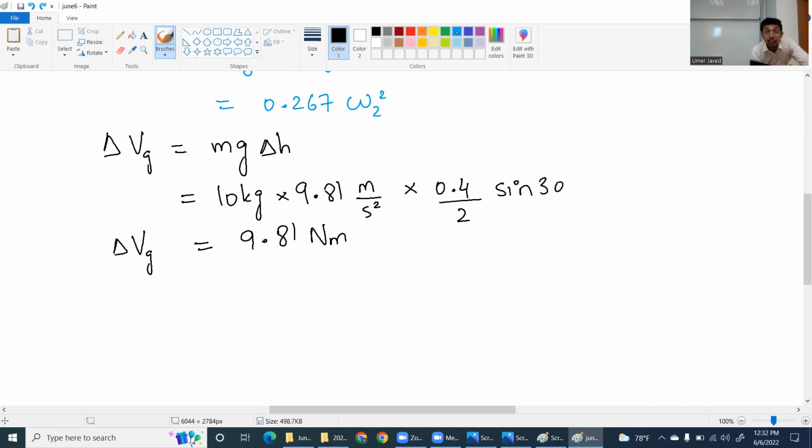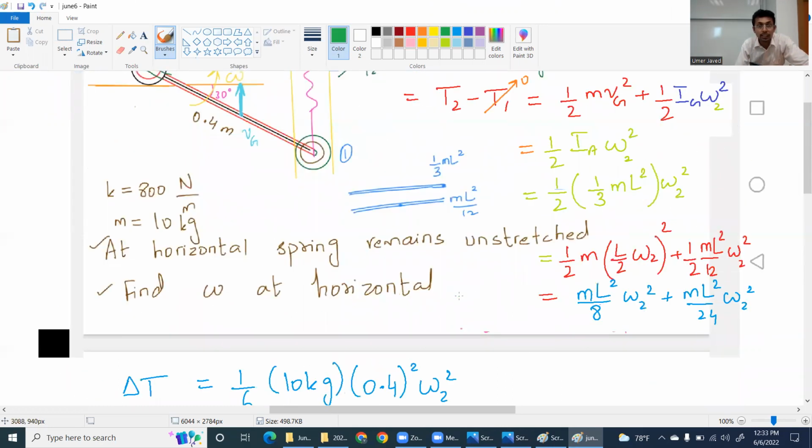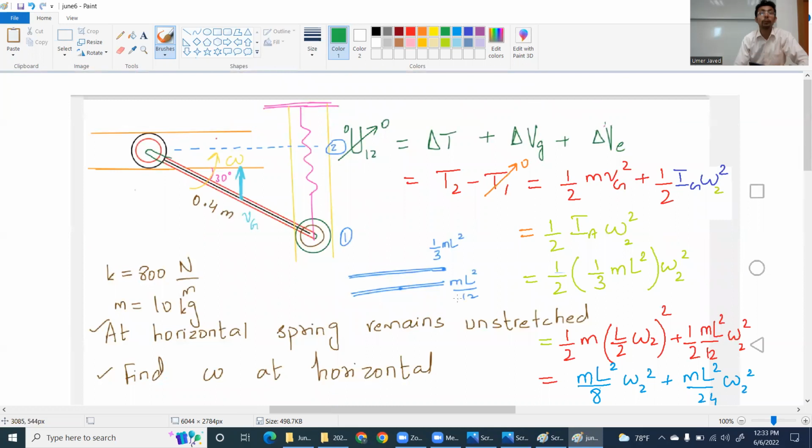Now I will answer Ahmed's question. Delta VE is equal to half K. I was not sure where the radian came into the question. That's why I was saying I will arrive here and then I will answer. So what is delta 2? The question says at horizontal, the spring remains unstretched.